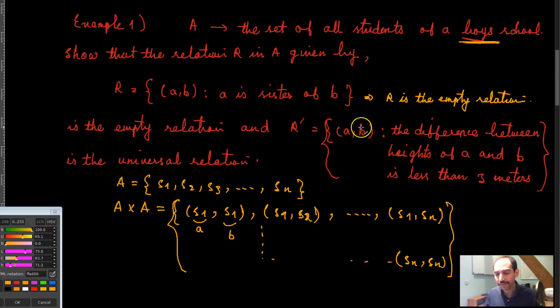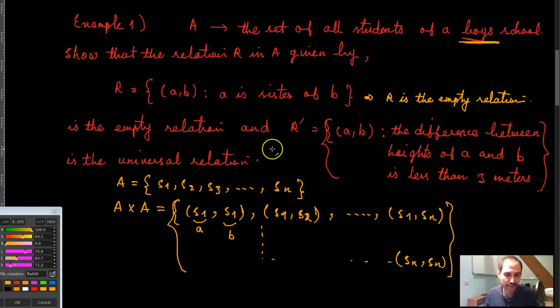Now about R prime, we have the ordered pairs (A, B) such that the difference between heights of A and B is less than 3 meters. Normally in a school, it can never happen that the difference of the heights of two students is more than 3 meters.